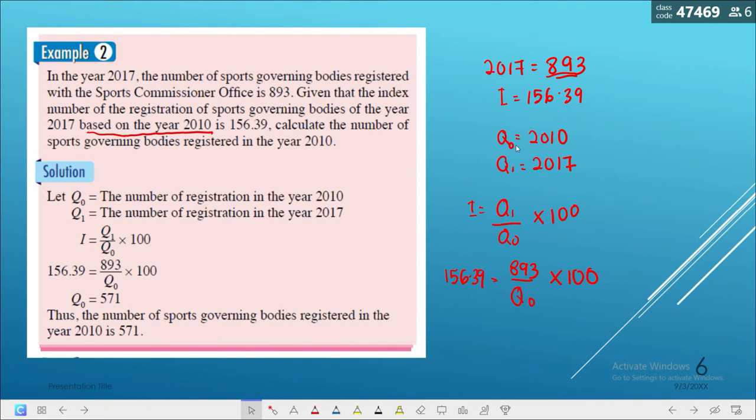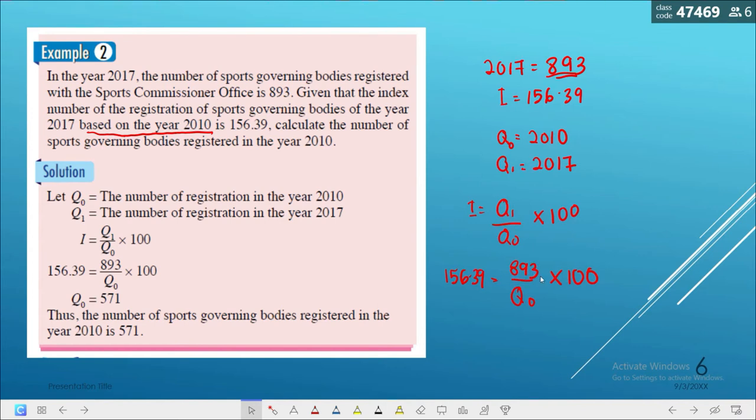The base is 2010. You already stated here based on the year 2010. So your Q1 is 2017, and they ask you to find the number of registrations in 2010. So 2010 is Q0, which means you need to find the value for Q0, while for Q1 you already have the number. 2017 is 893.